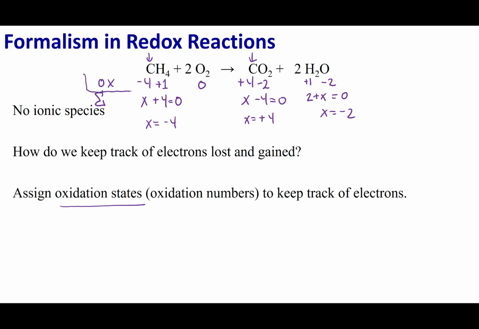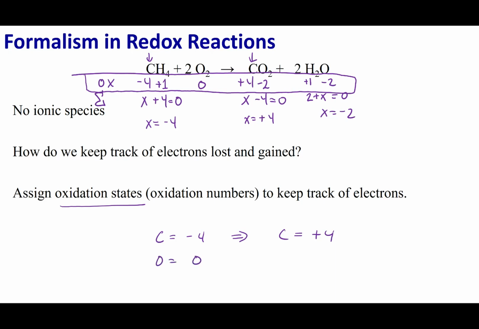Now right here, these are the oxidation states for every element in my reaction. What you will see is that carbon starts as -4 and then goes to +4. Oxygen starts at 0 and then goes to -2. Hydrogen started at +1 and ended up in the same oxidation state of +1.